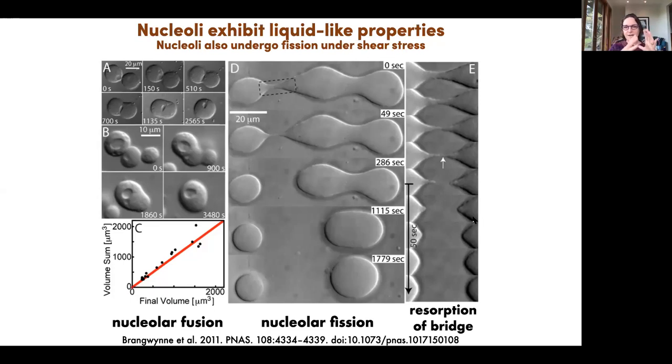And that resorption happens because there's a drive to minimize the surface of this, just like, well, we'll come back to that, but there's an energy cost associated with this kind of surface, and so the system wants to minimize that energy by making each blob as round as possible, so minimizing the surface area to volume ratio.